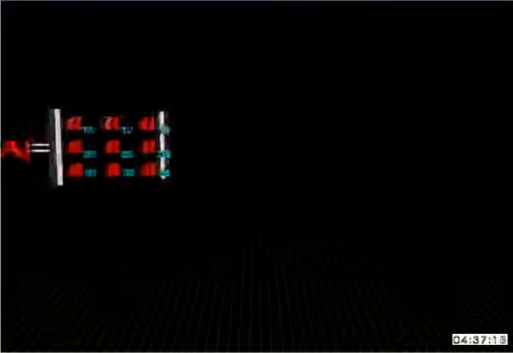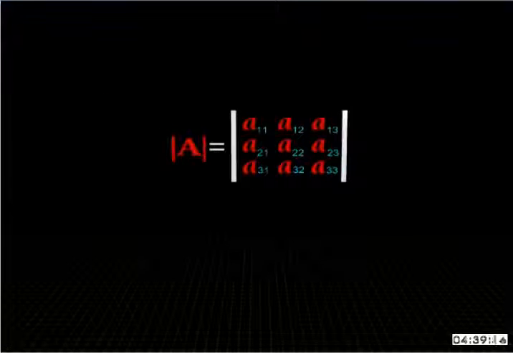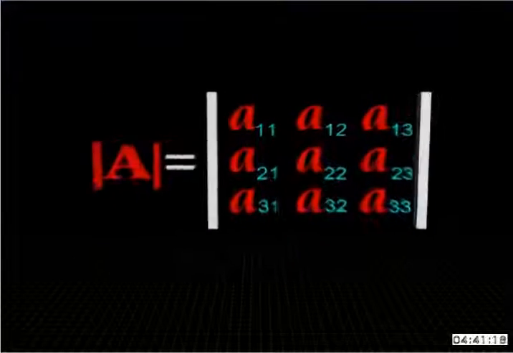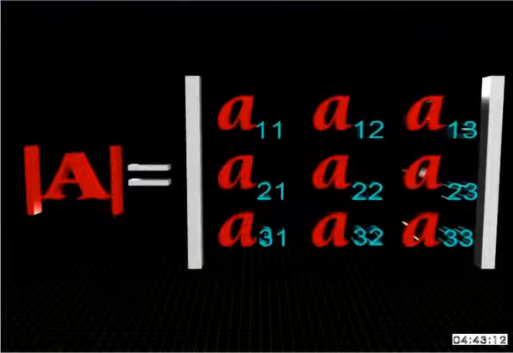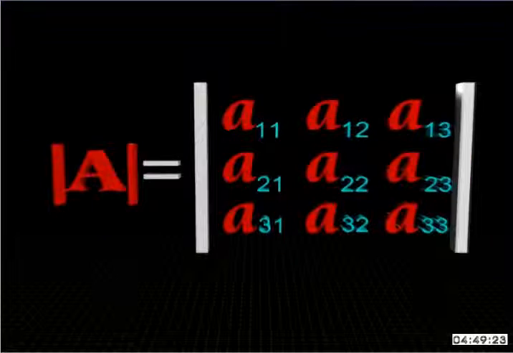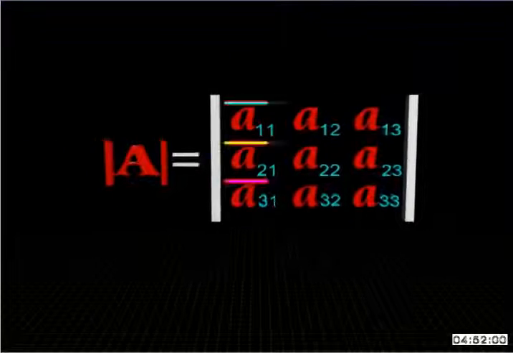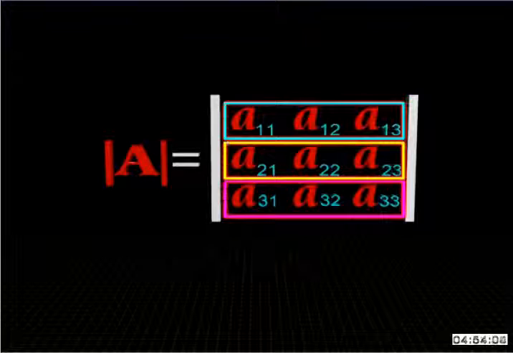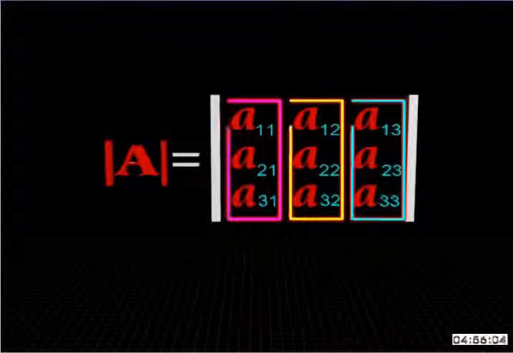Determinant of a matrix of order 3 can be obtained by expressing the determinant in terms of second order determinants. You can expand the determinant along each of the 3 rows and each of the 3 columns in terms of second order determinant.